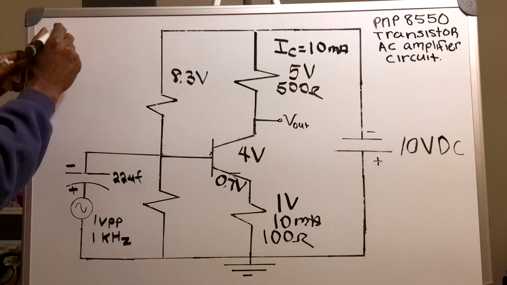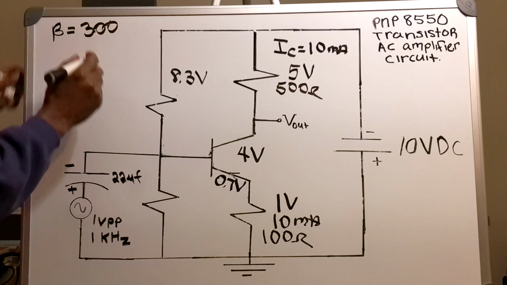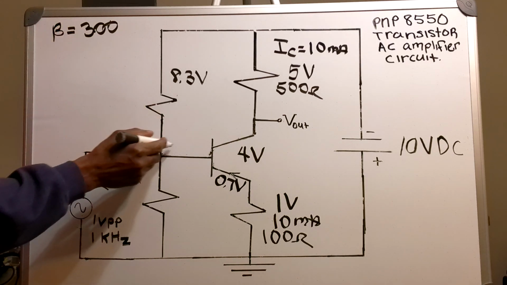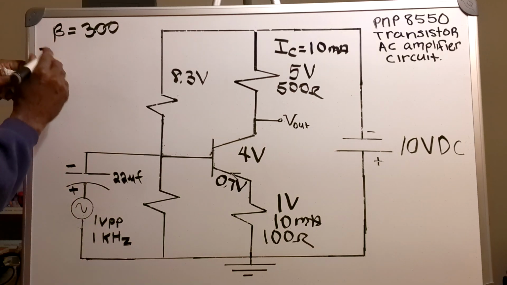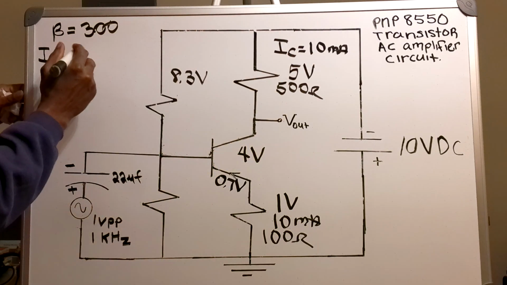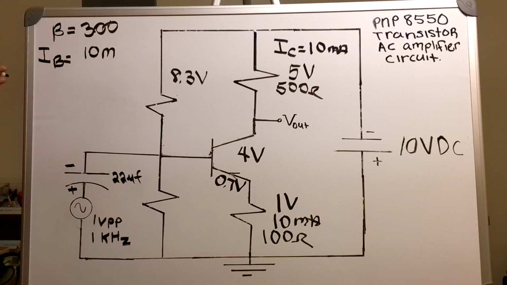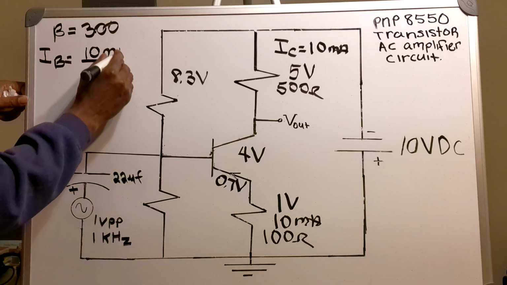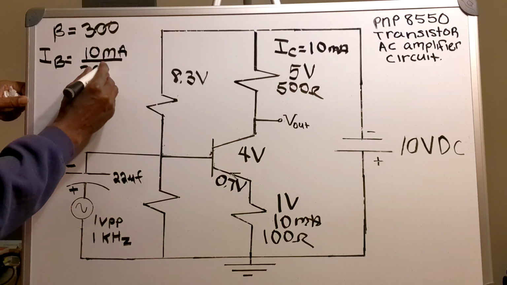The beta of my transistor equals 300. I'm going to use that beta and find my base current. IB equals 10 milliamps divided by a beta of 300.